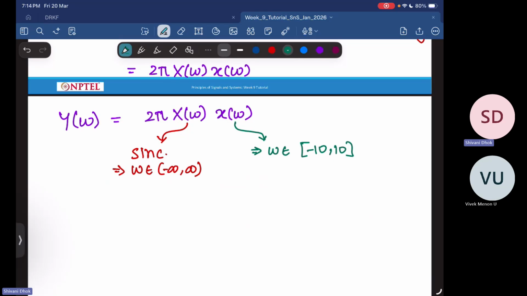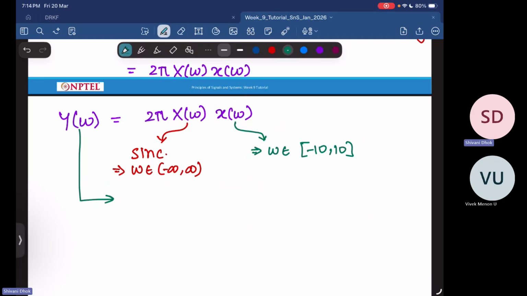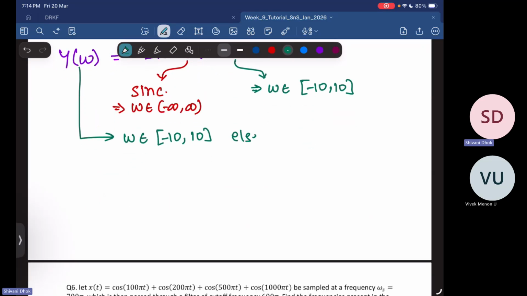Which means that since little x of omega is limited to minus 10 to 10, this y of omega will also be limited to the range of minus 10 to 10. Else, y of omega is 0.